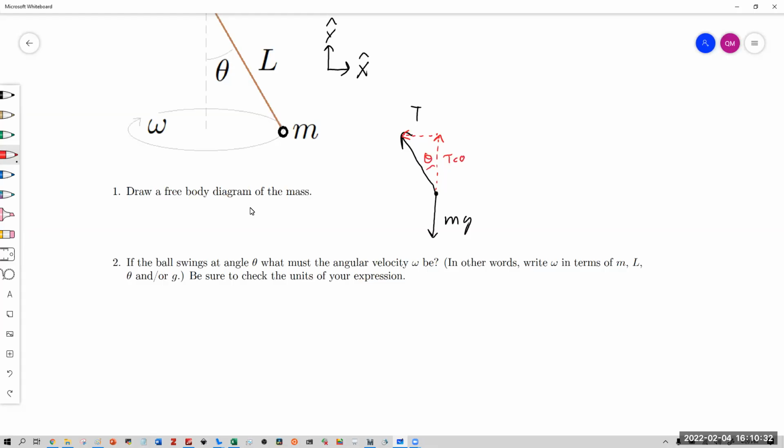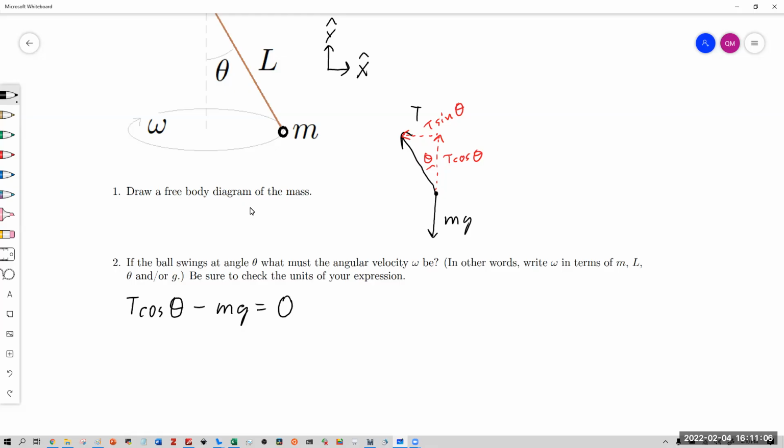So this would be T cosine theta, and that would be T sine theta. So for the y part, we have T cosine theta, and we have a minus mg. And it's not going up or down, it's going around in a circle, so the acceleration in the y direction is 0. So we set that equal to ma, which is 0.